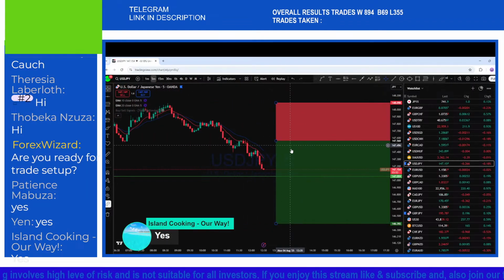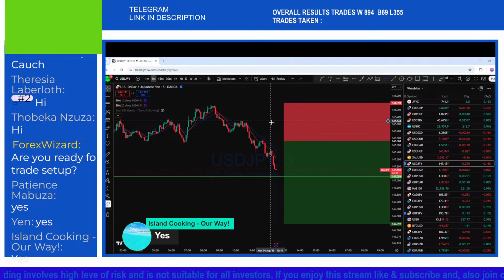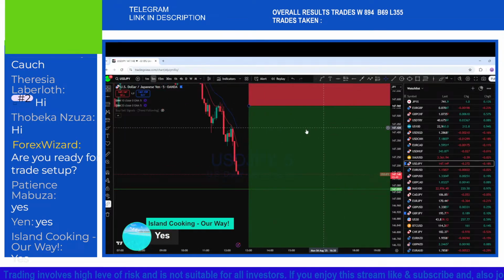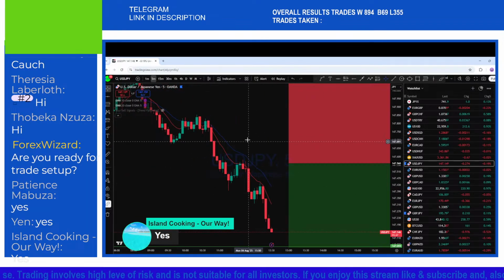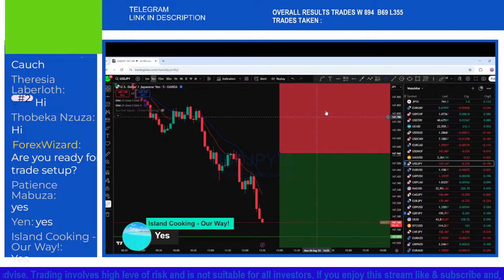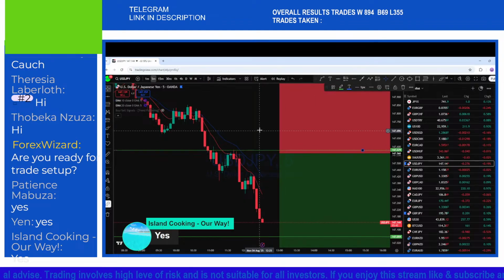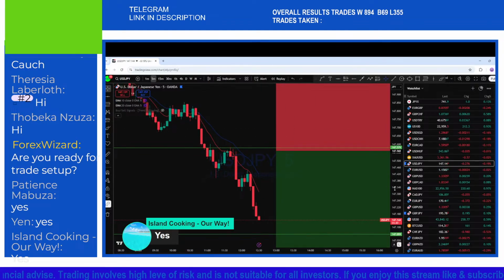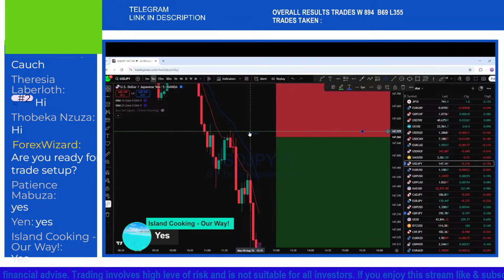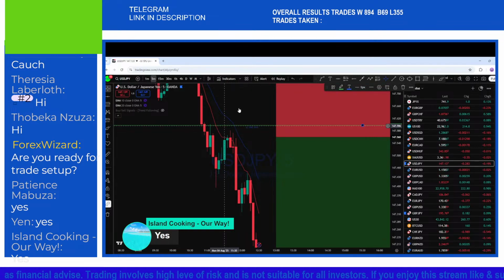next potential entry? Is this a 5-minute trend that we can see on dollar yen, which is maintaining that bearish market structure? If you look here, this is the 5-minute price action where dollar yen started to break below in that area.